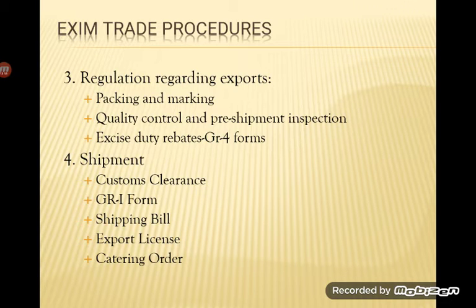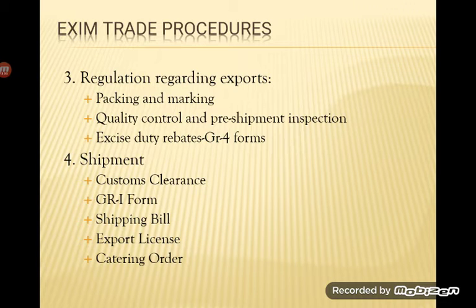Then we do have the GR4 form. Actually, it is also called the GR1 form. GR1 forms are those which need to be submitted by the exporter to the Reserve Bank of India after realizing every shipment of the commodity, within 160 days of shipment. So that is what is required.